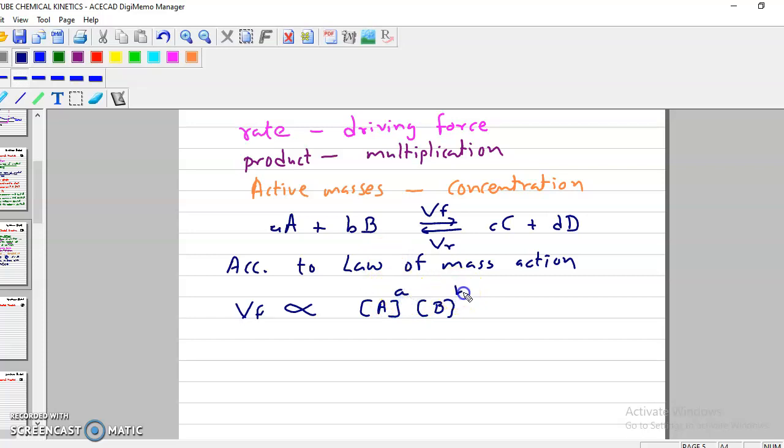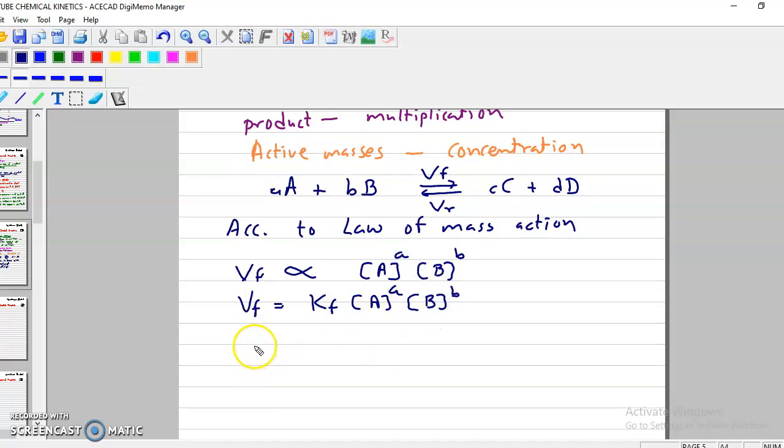So A raised to a, B raised to b. So Vf is directly proportional to A raised to a into B raised to b according to the law of mass action. Now if you want to put an equal sign, we need a constant. So we write Kf, that is the proportionality constant. So Vf is equal to Kf into A raised to a and B raised to b according to the law of mass action.